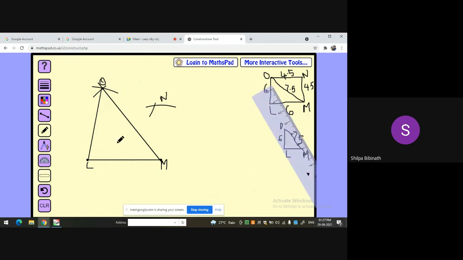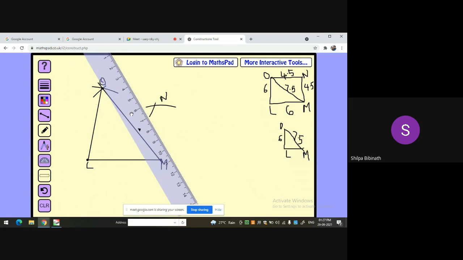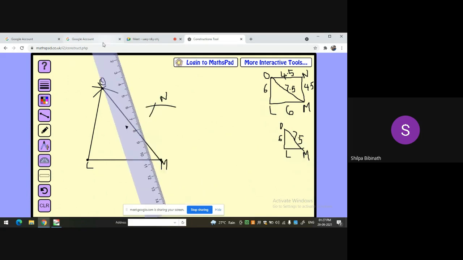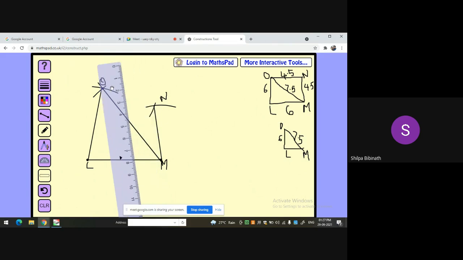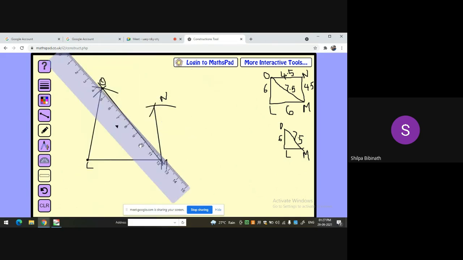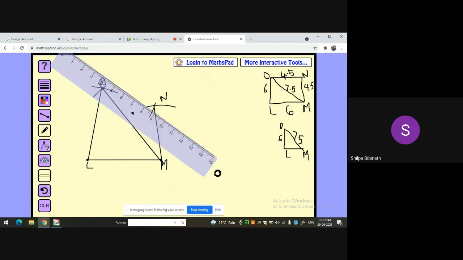Take your scale and first join with NM and then ON. Here, okay, and then turn it and join this side.